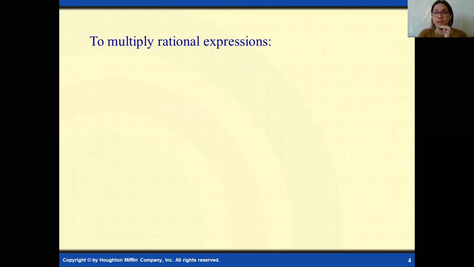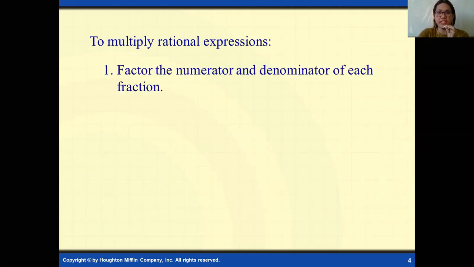Next, we reviewed simplifying because we can use the concept of simplifying rational expressions in multiplying rational expressions. So this time, we are going to multiply rational expressions as part of its operation. To multiply rational expressions, I want you to remember the steps.